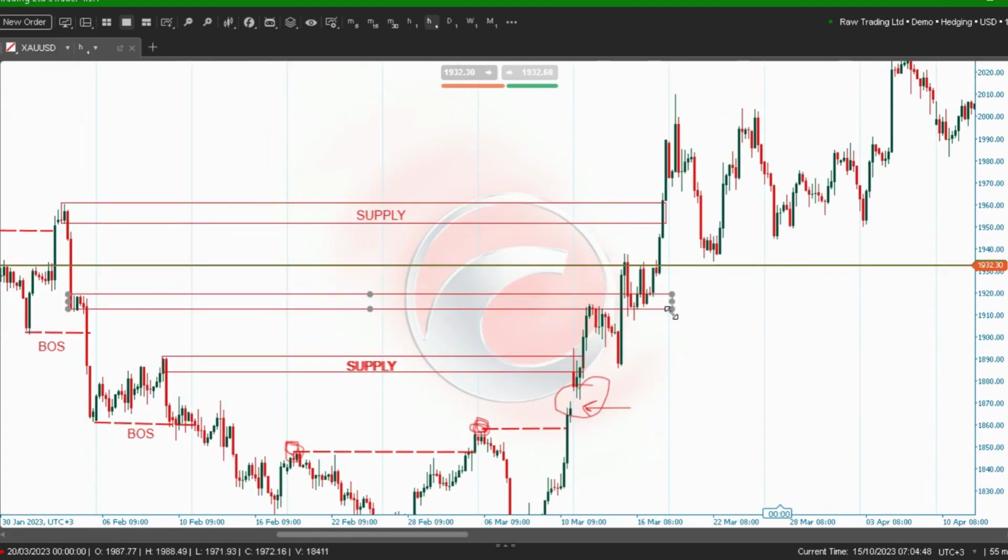Okay, there's an area also here which I call the flip zone. You can also see on the flip zone there was some reaction.